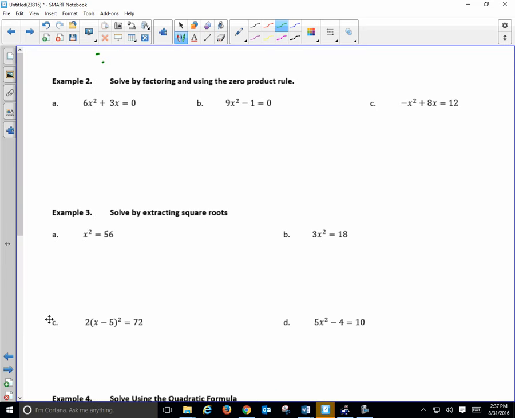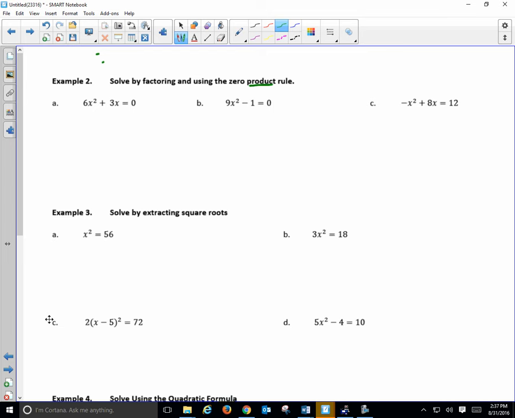Notice that it is product. Product is short for, starts with an M, multiplication. So right now it's written as addition. Let's write it as multiplication. Can you factor something out here?